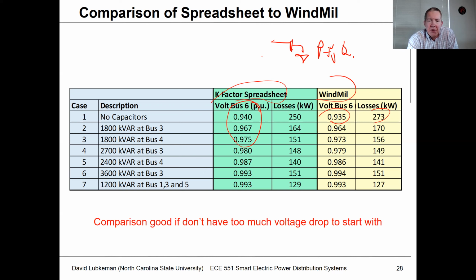And if my voltage is below nominal, I'm going to get a higher level of current, because the current is going to be P minus jQ divided by the complex conjugate of the voltage.